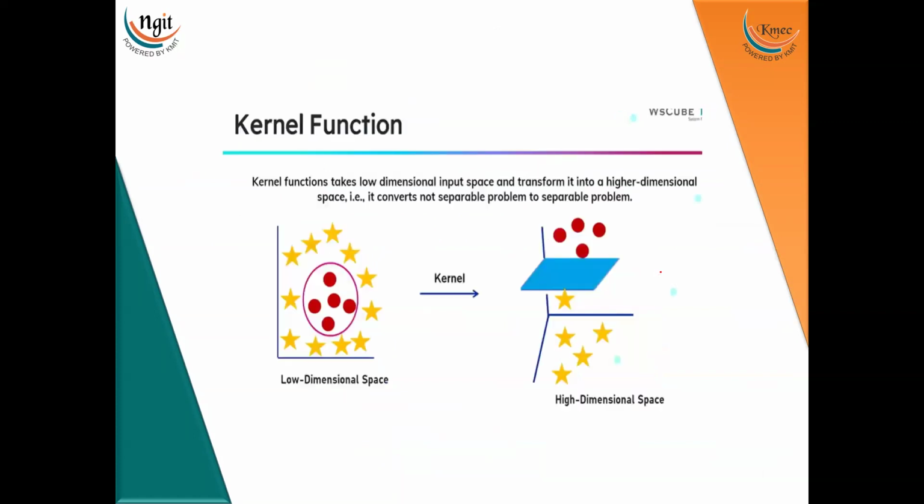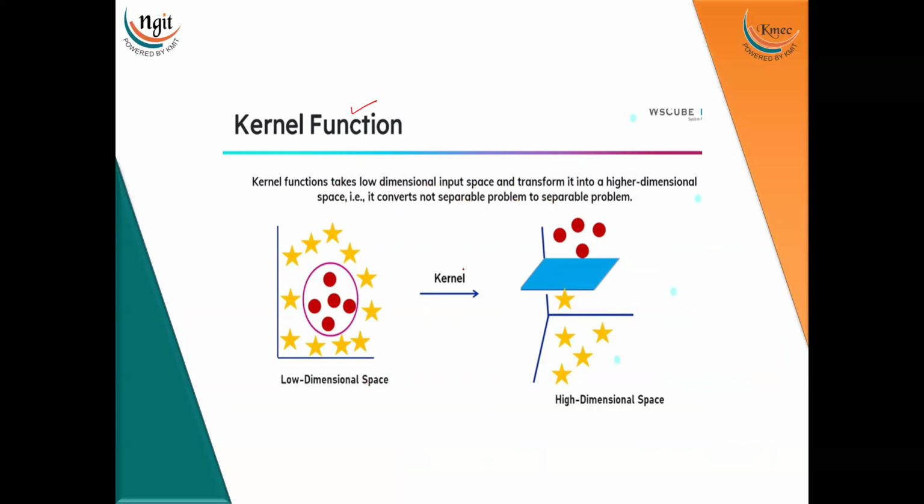So when that comes into the picture, we are going to introduce one concept called the kernel function. So what is this kernel function? A kernel function takes a low dimensional input space and transforms it into a high dimensional space. That is, it converts a non-separable problem into a separable problem. Suppose this is the low dimensional space.